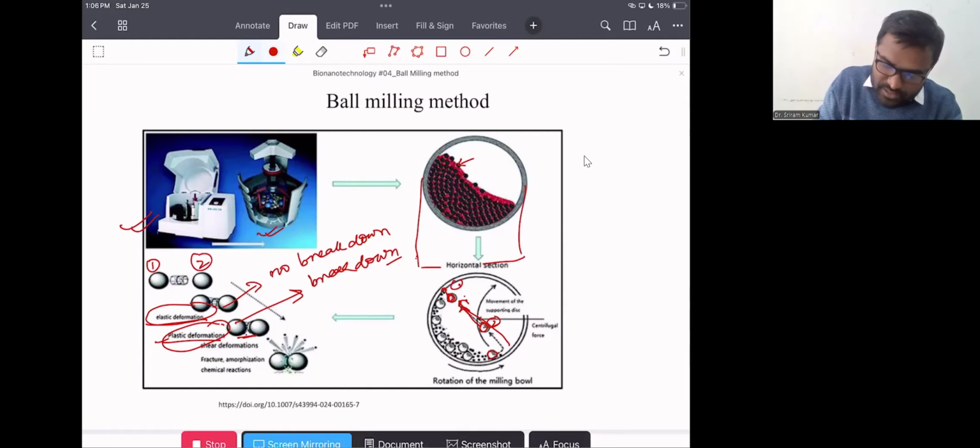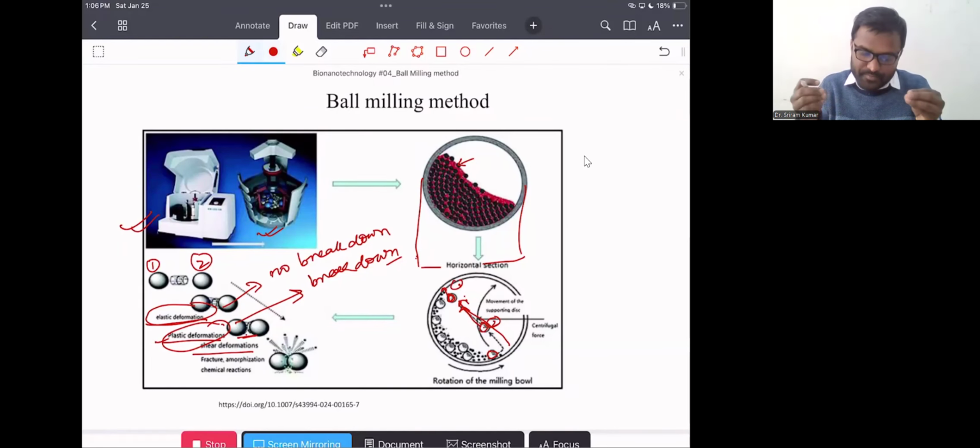And after that there is shear deformation. Once the material is broken down into the smallest particles, those particles combine together, and that forms the desired morphology.